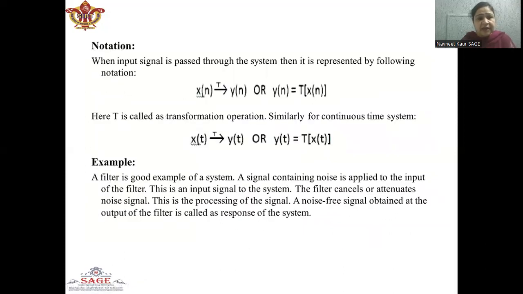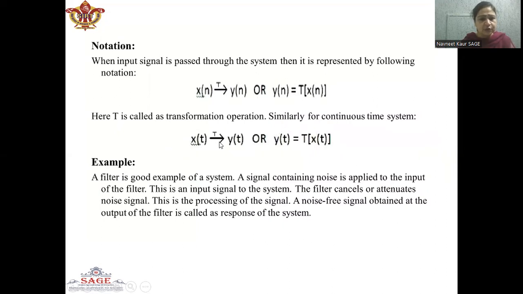Regarding the notation of the input-output relationship for the system, we can write x[n], when given to the system, will generate y[n]. So it will be x[n] arrow T y[n], where T is the operating function which operates on any input, and as a result, the output is generated.